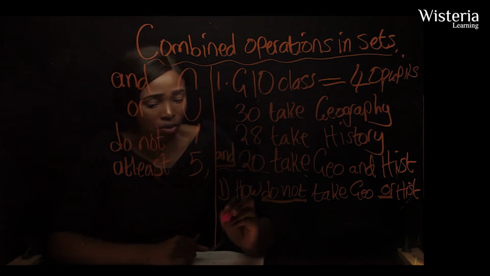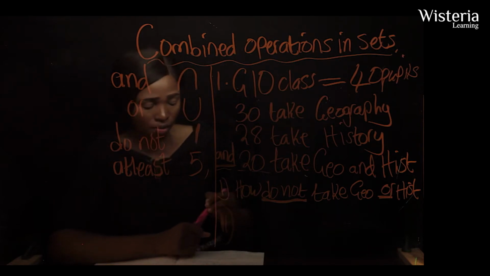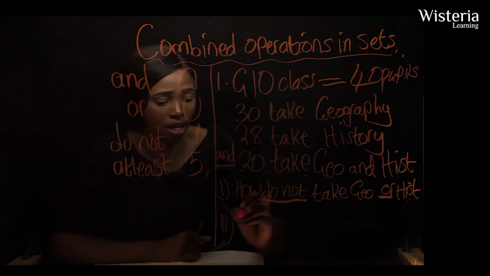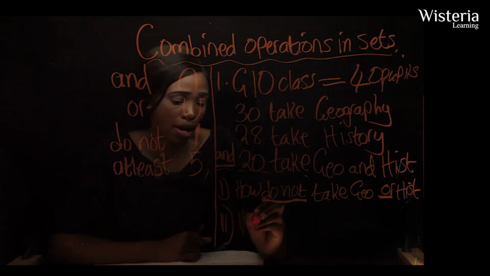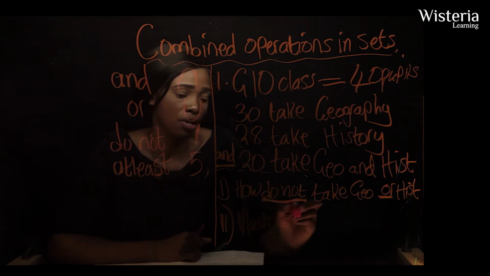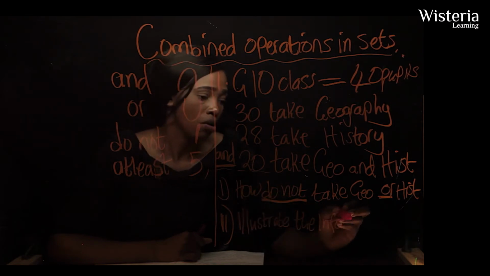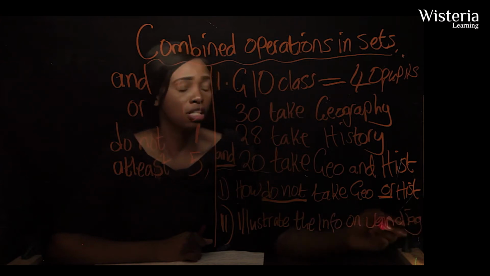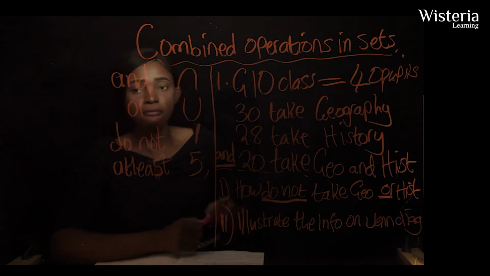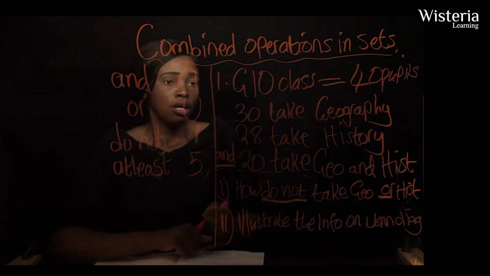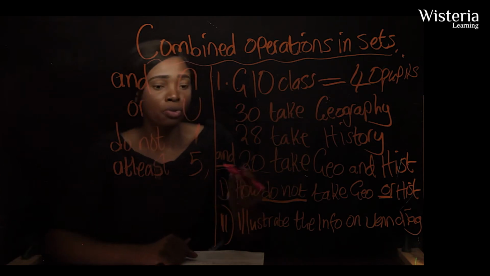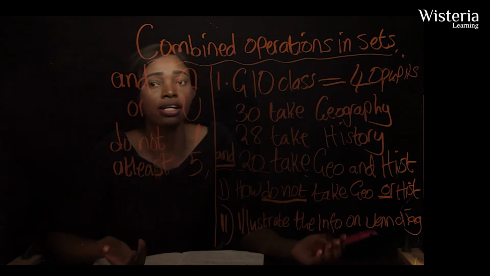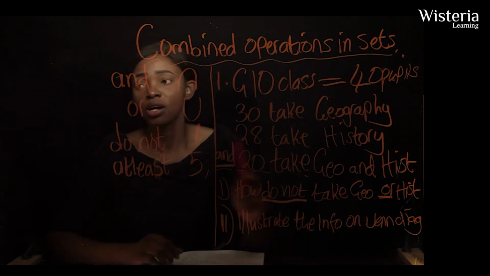We will be required to illustrate this information on a Venn diagram. I will illustrate on a Venn diagram how we can answer this question. Remember, I've just summarized it because, as I earlier stated, these are wordy questions.